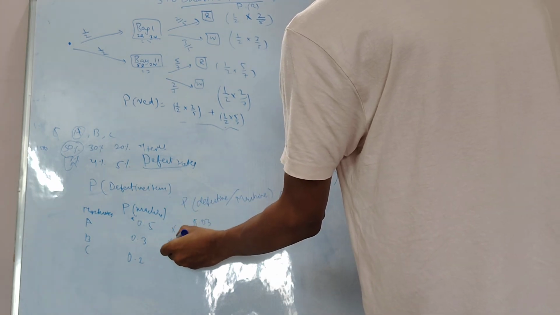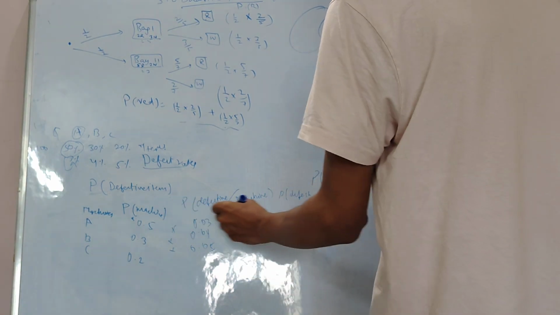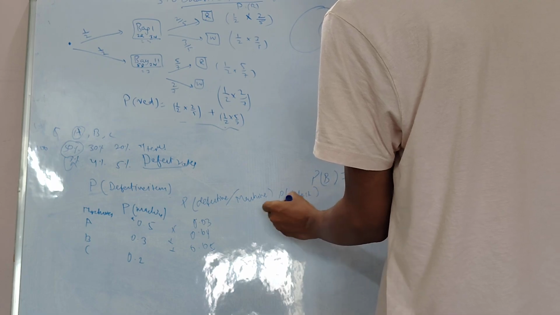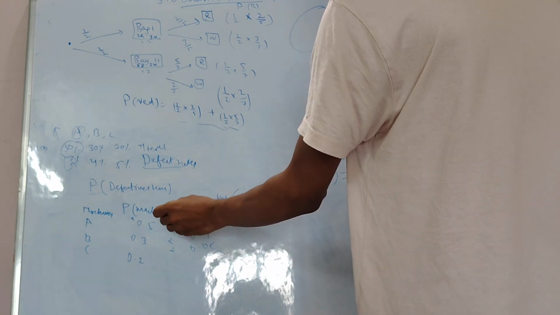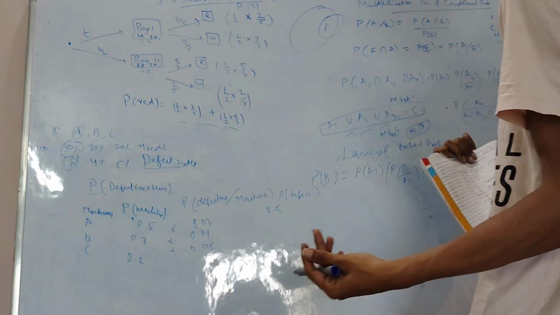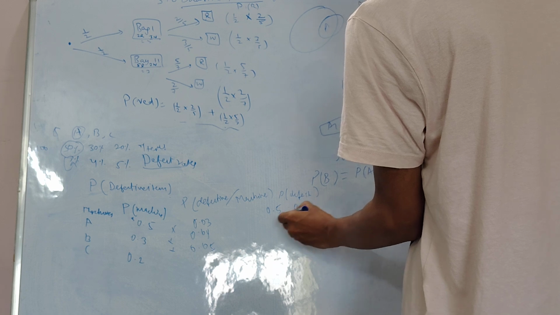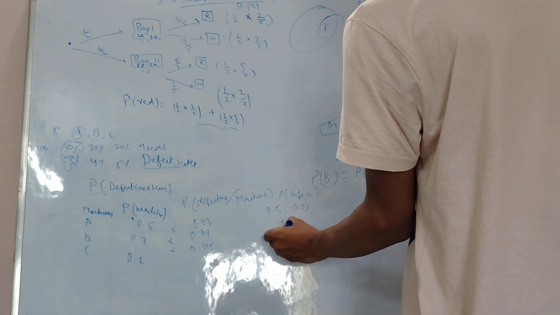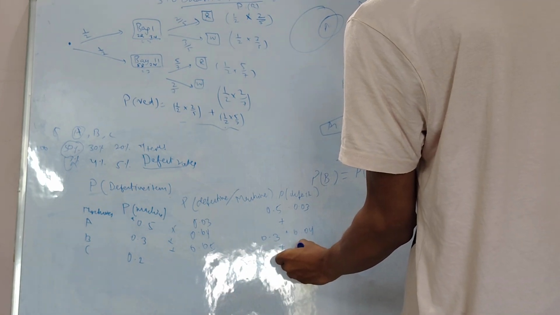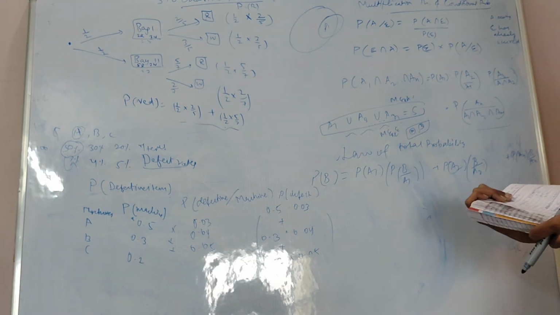These are simultaneous events, so the probability of getting a defective item is the probability of getting an item from that machine times the probability that the item is defective from that machine, which is 0.5 into 0.03 plus 0.3 into 0.04 plus 0.2 into 0.05. This is my answer.